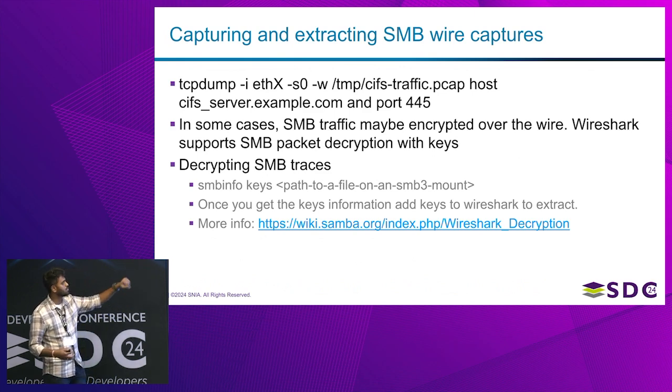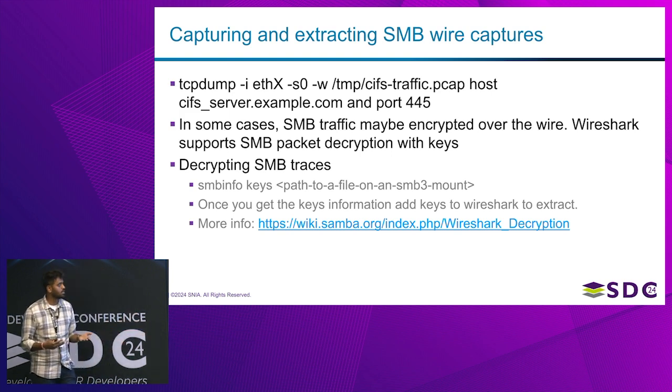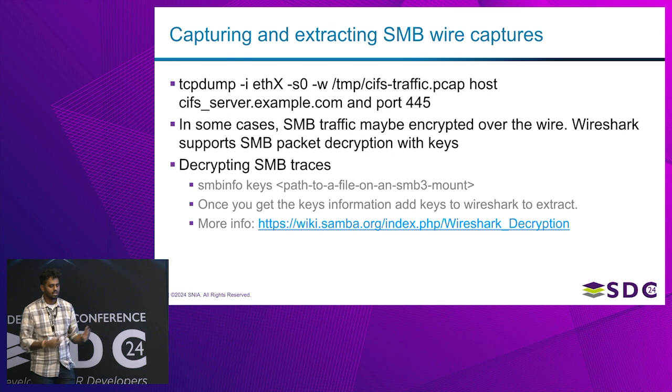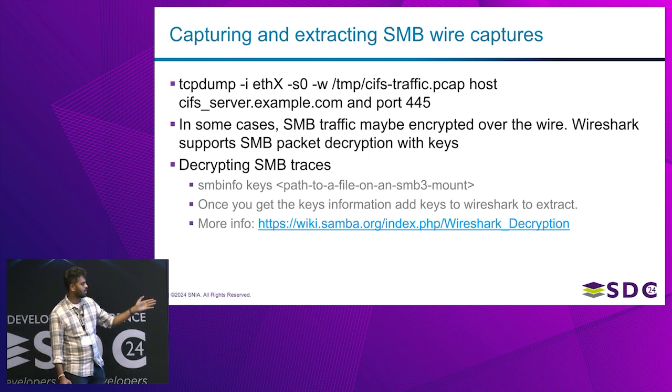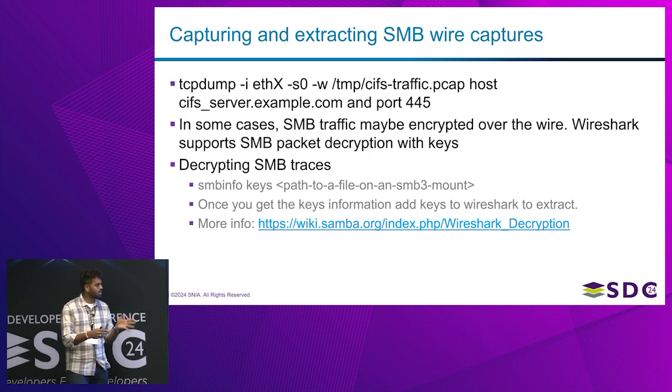I've shown the command to capture the TCP dump, and if a user is using SMB3, usually the traffic would be encrypted. If you want to decrypt and look at the traces in a decrypted format, then we have a helper script in cifs-utils called smbinfo, and you can pass keys as an argument, along with the path to a file on the share, which provides the decryption keys.